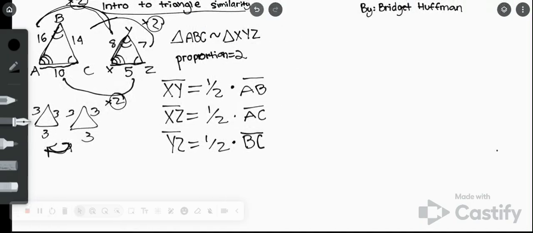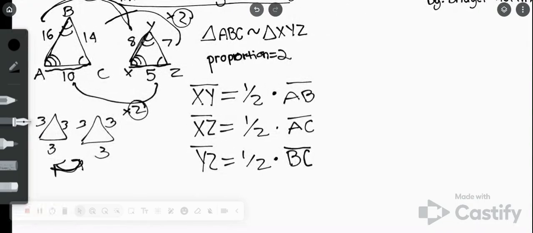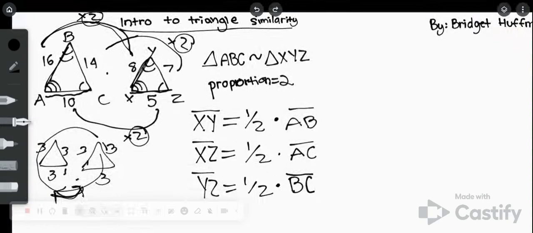But it cannot always flip the other way around. For example, just because these are congruent and similar doesn't mean that these are congruent and similar. These top ones are just similar. We want to make sure that we're not getting confused.